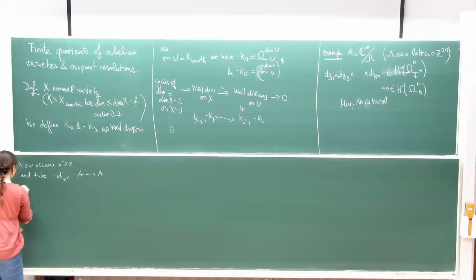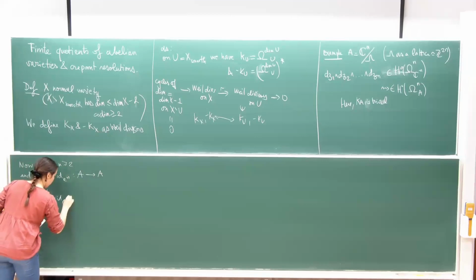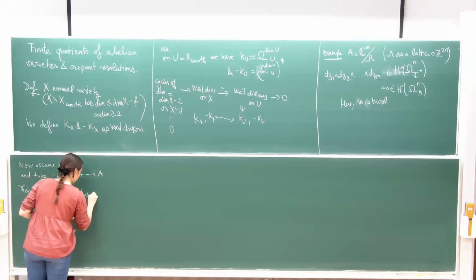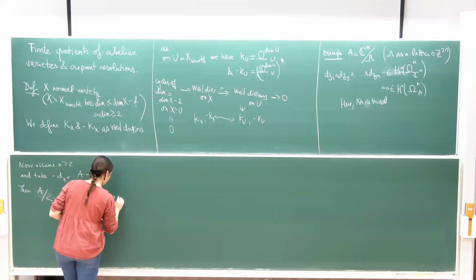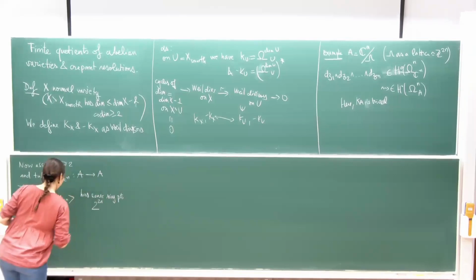So then you can look at A quotiented by this group action. It has some singular points. In fact, it has 2^(2n) singular points.